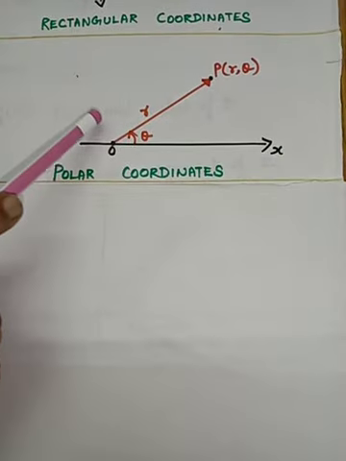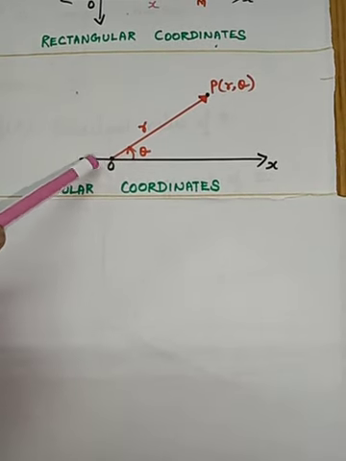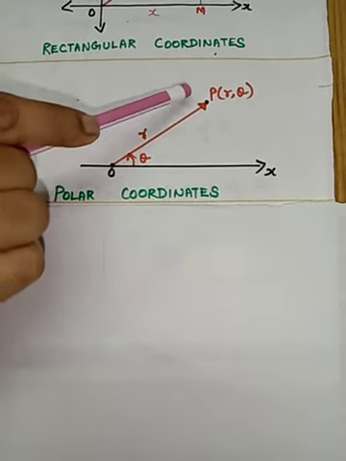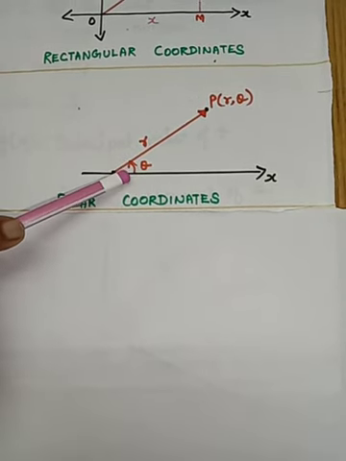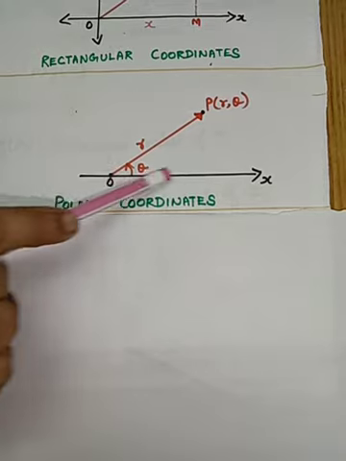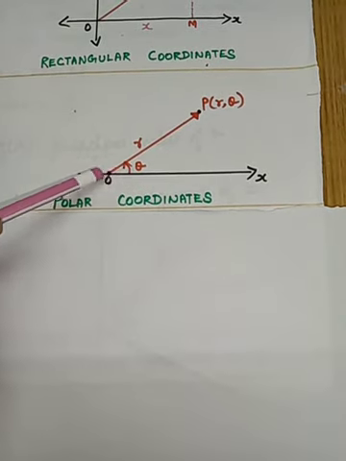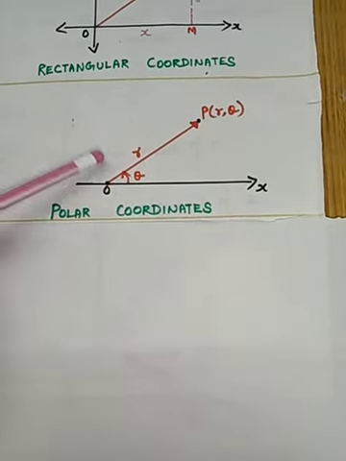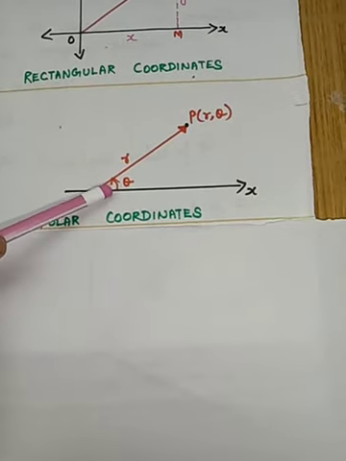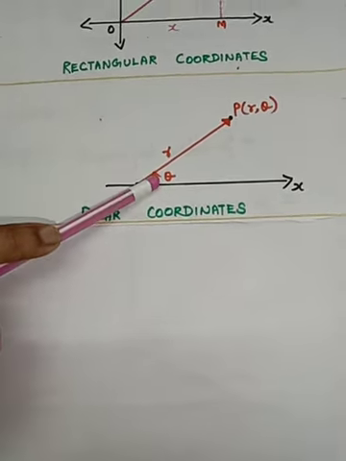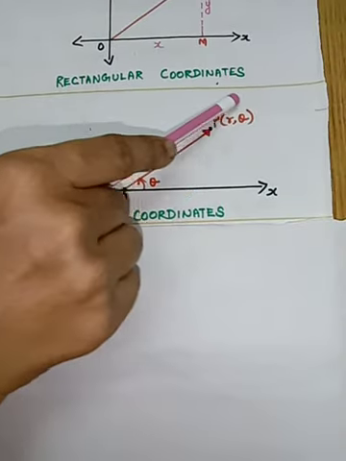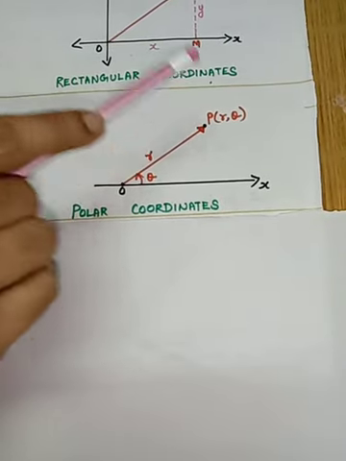If r is the distance from the pole to any point P and theta is the angle of inclination measured from the initial line to the line OP, then the ordered pair r comma theta is called the polar coordinates of the point P.